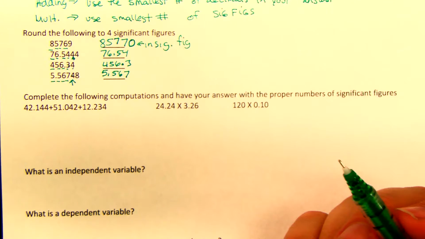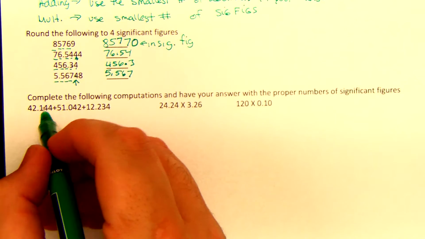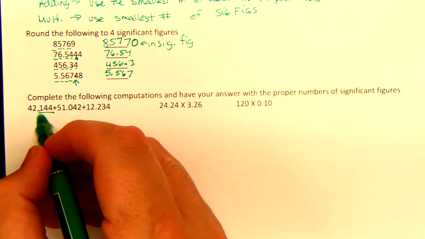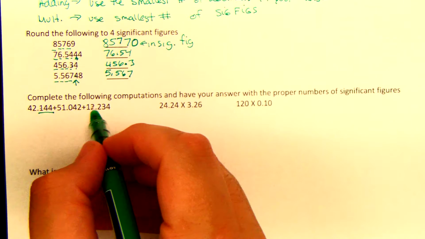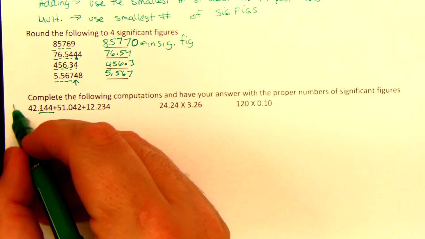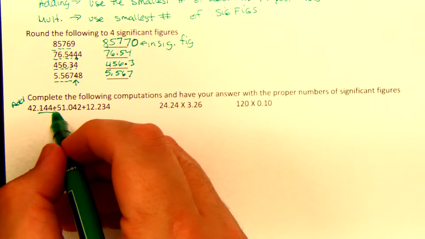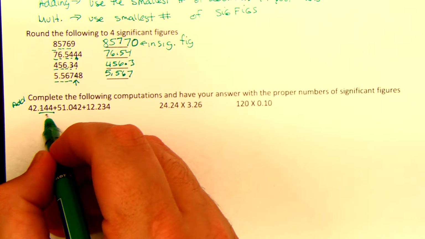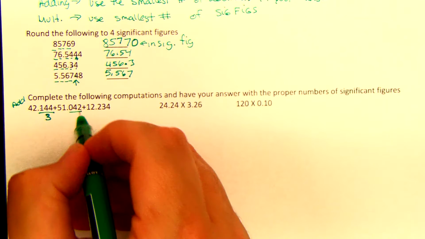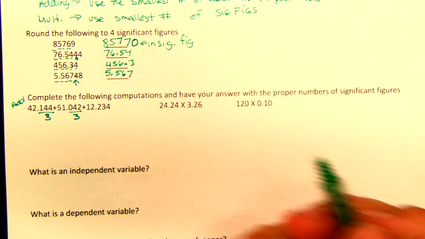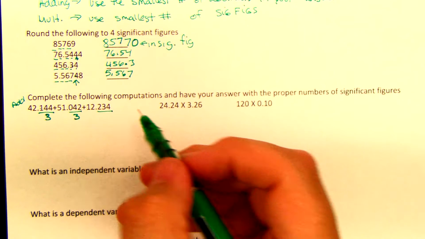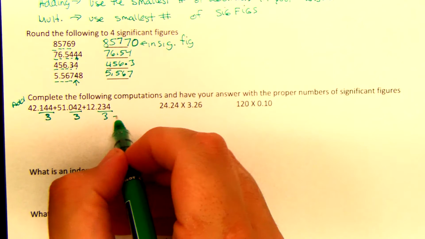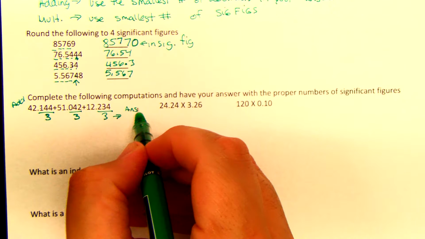Now the math here. The first one is adding. So we have to count up the number of decimal places. How many decimal places for the first one? 3. How many for the second one? 3. How many for the third one? 3. How many does my answer have? The answer has 3.